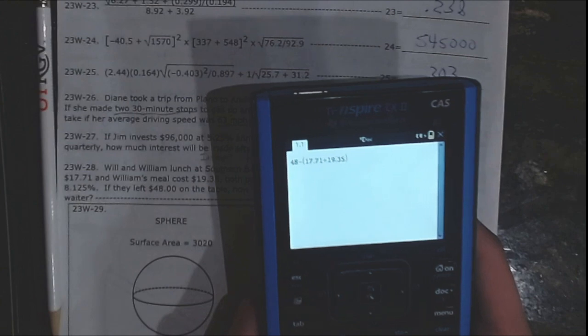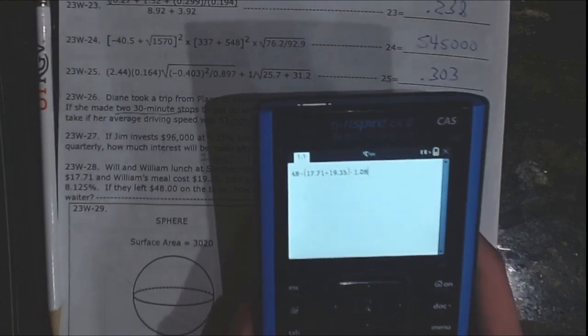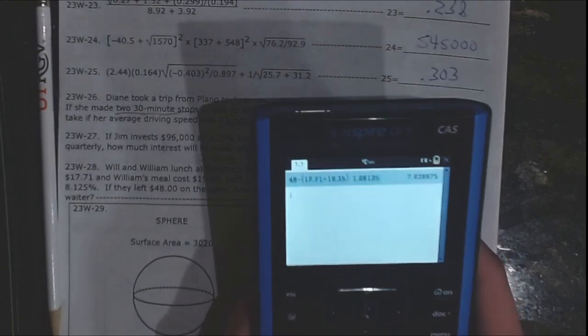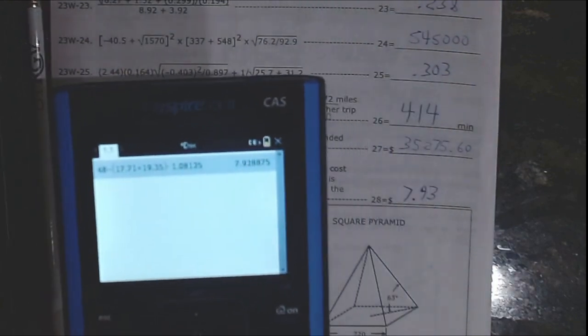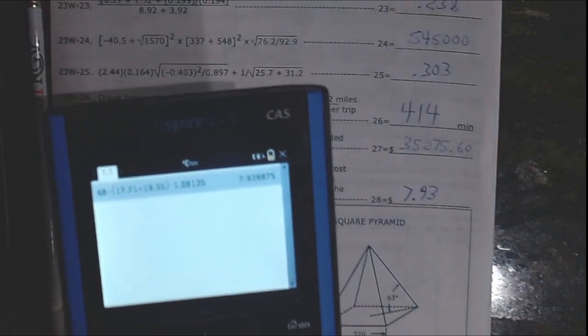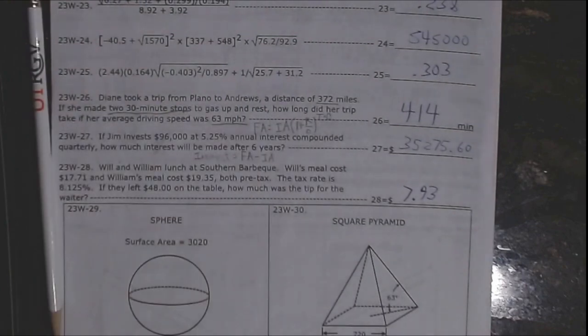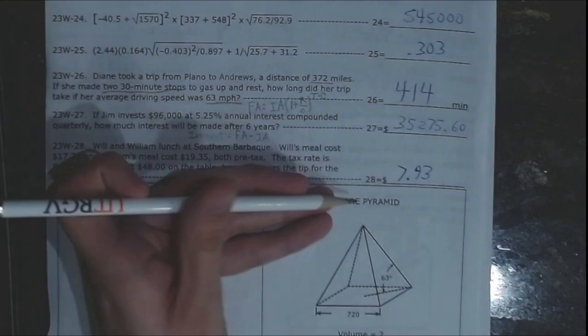But I gotta multiply that by the tax rate. And that leaves me with $7.93. $7.93 as a tip. And that's my answer.